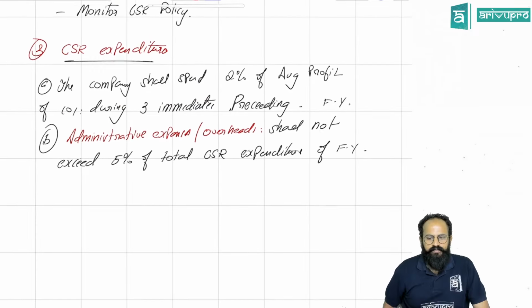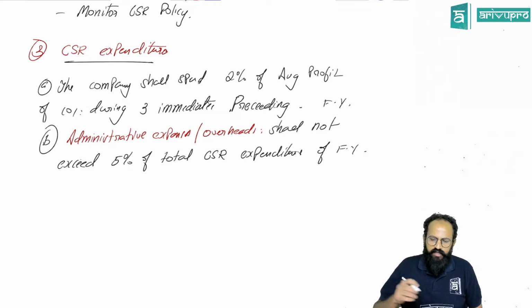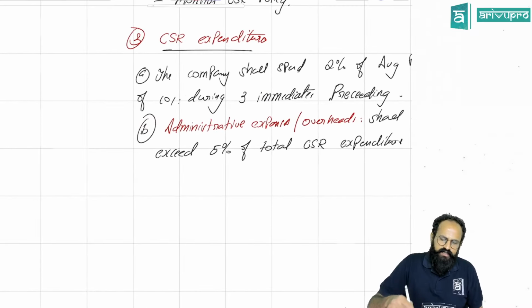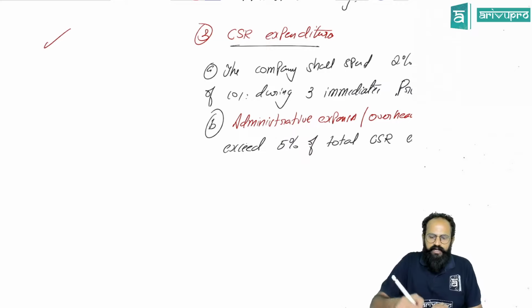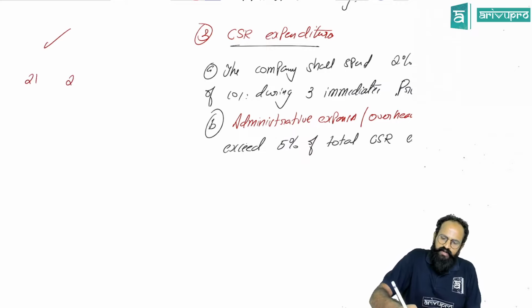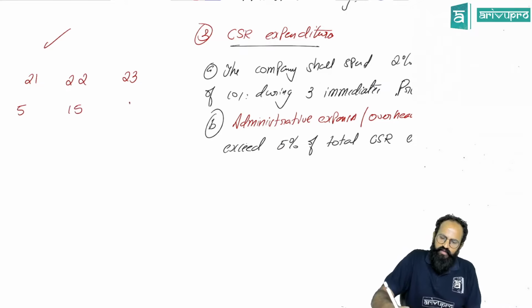Okay, what is CSR expenditure, people? The company shall spend 2% of average profits of the company during the 3 immediate preceding financial years. Imagine CSR is applicable to me. Now how much do I need to spend? I will take 3 years, 21, 22, 23. In these 3 years, I'll take my profits: 5 crore, 15 crore, 1 crore.